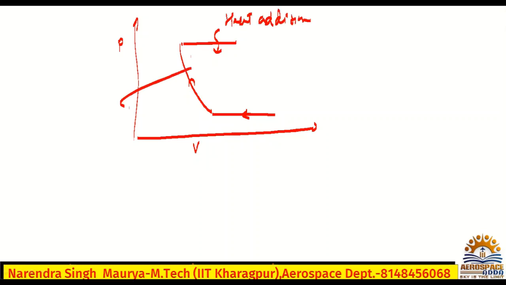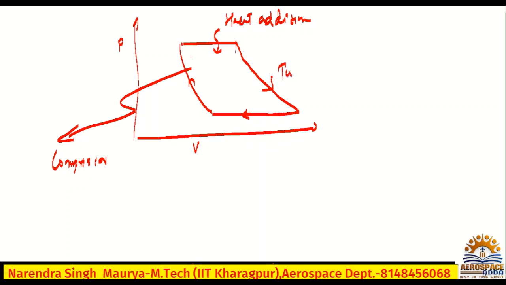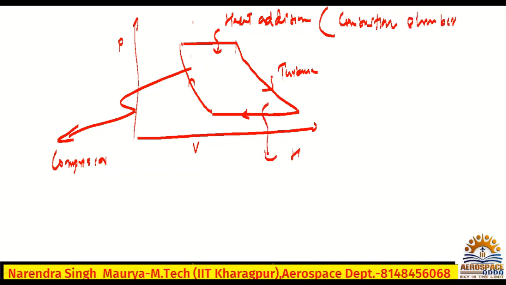This is the expansion, which is nothing but the turbine. Heat addition means the combustion chamber. And this is the heat rejection.